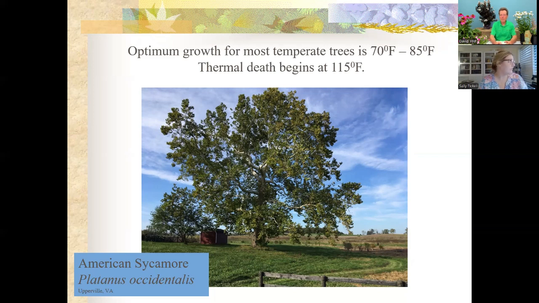But as those temperatures start to go up, this puts increasing stress on the plants. We start going into 90, 95, 100 degrees and up. We push these plants out of that comfort zone and into the limits.